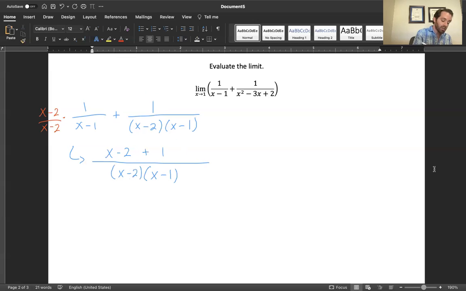Okay, well, x minus 2 plus 1, that's obviously equal to x minus 1, over x minus 2 times x minus 1. And looky, looky. The difficult thing about this limit was that x was approaching 1, which made it impossible to plug in.